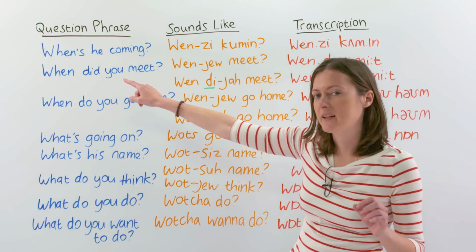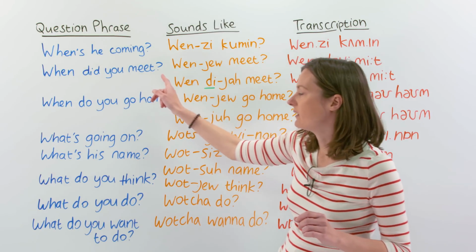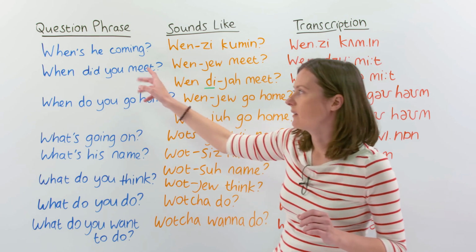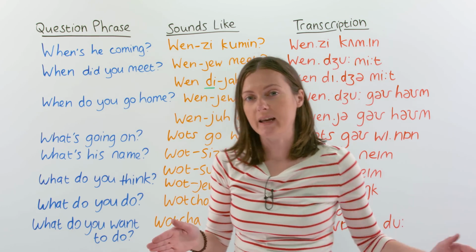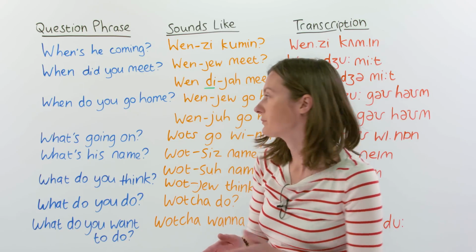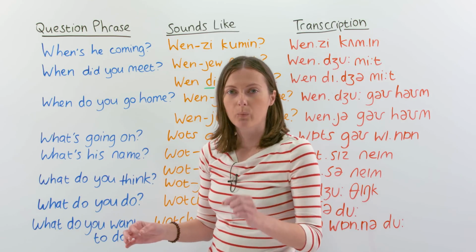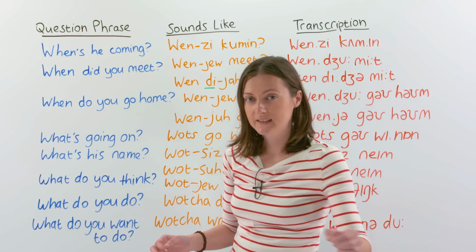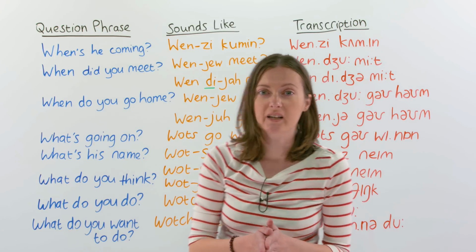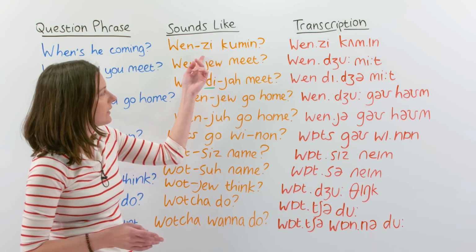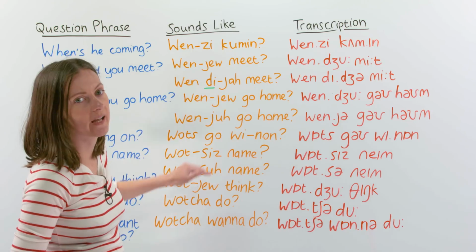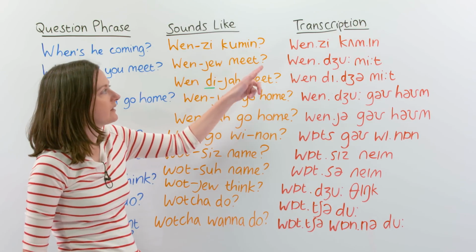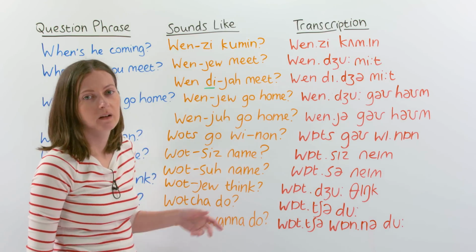The question phrase is, when's he coming? Now, if I'm saying that slowly, perhaps as a beginner, I would say, when is he coming? When's he coming is when I speed it up. So look here at what it sounds like, when's he coming?